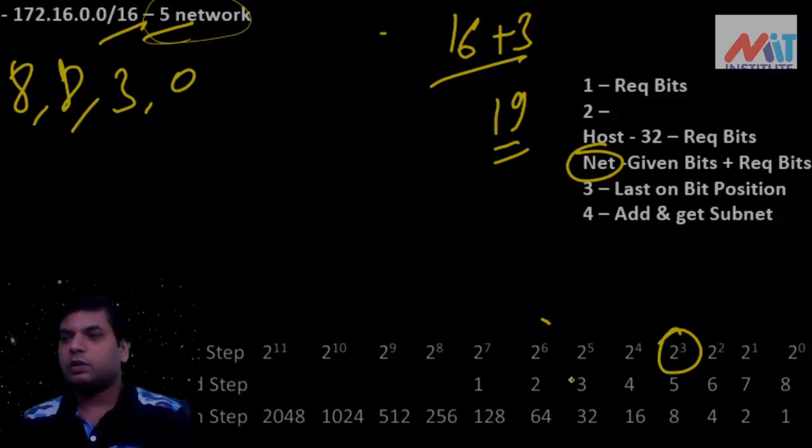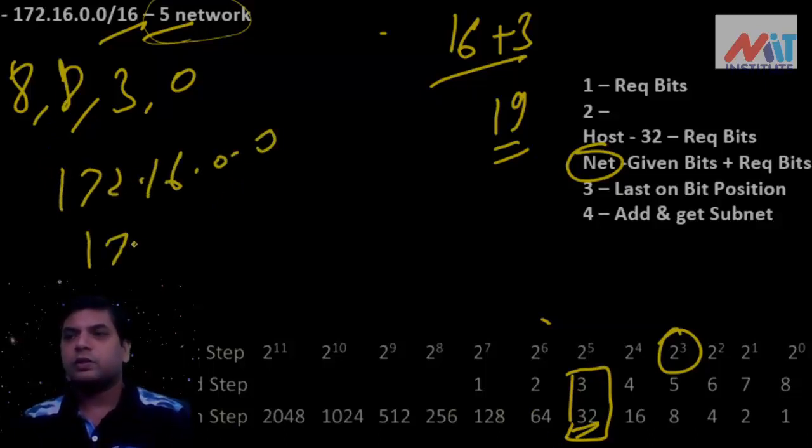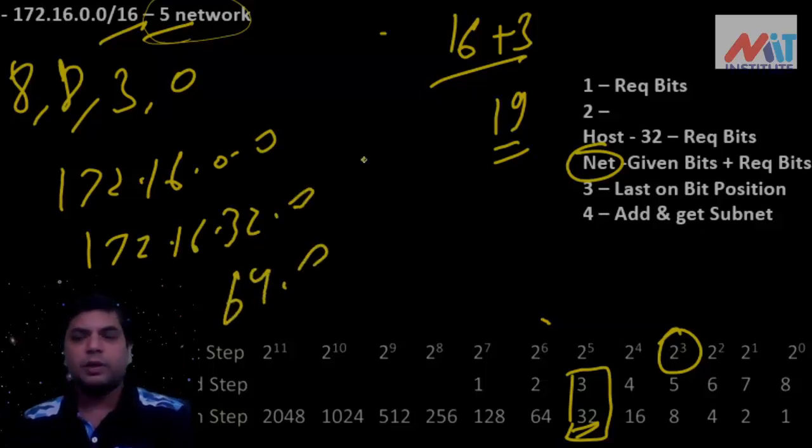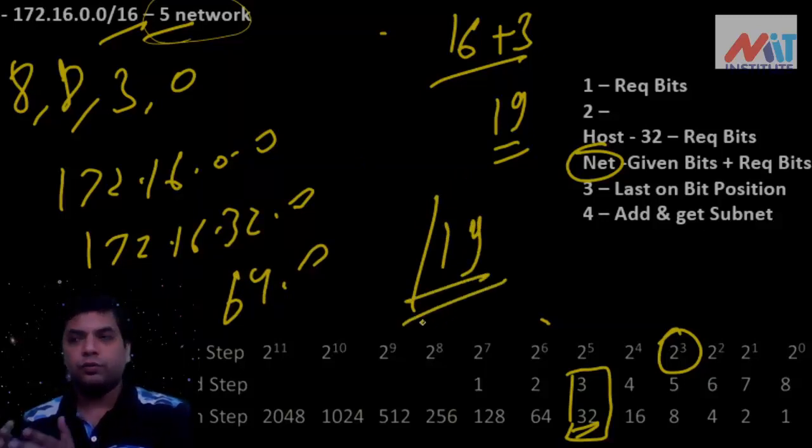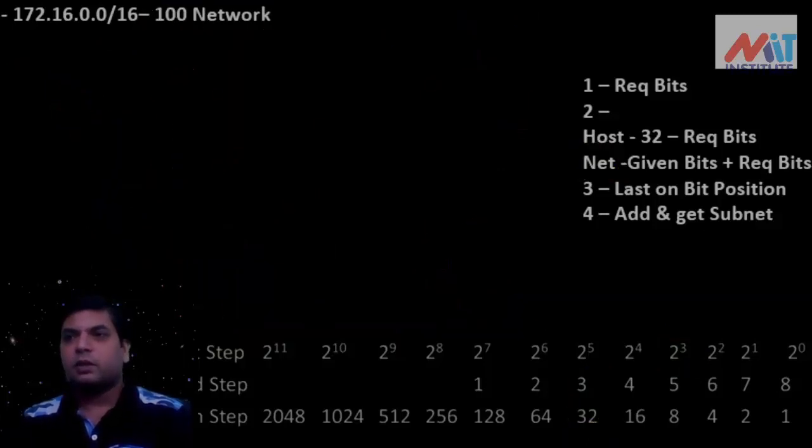So the position of the third on bit is 3, which means we need to add 32 in the third octet: 172.16.0.0, 172.16.32.0, 64.0 like this. We will get subnets, and the new subnet mask will be /19, which is 255.255.224.0 in decimal.